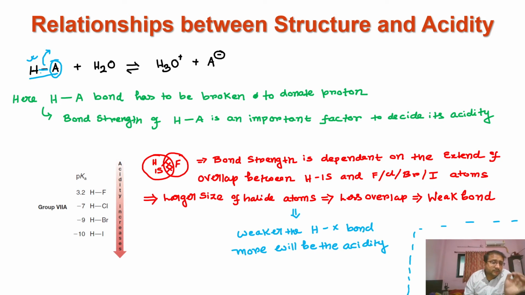On the other hand, if this HA bond is very strong and cannot be broken so easily, in that case the amount of dissociation of this acid in aqueous medium will also be small. So in that case it will have lower acidity. So the acidity of this HA molecule will very much depend upon the strength of this HA bond.